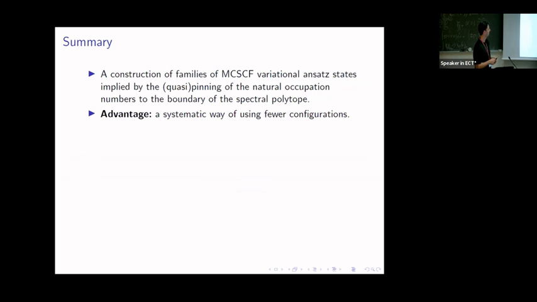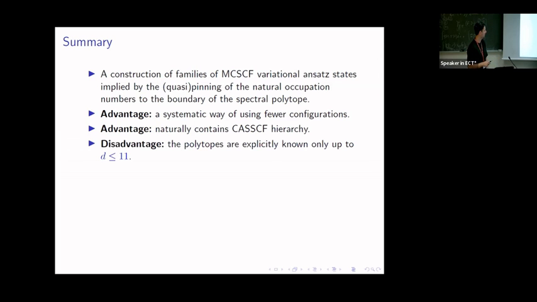Okay, and then there's this advantage that this is, first of all, a systematic way of using fewer configurations, and it also naturally contains the CASSCF hierarchy. So in this sense, it boils down to something which is well used and well known.